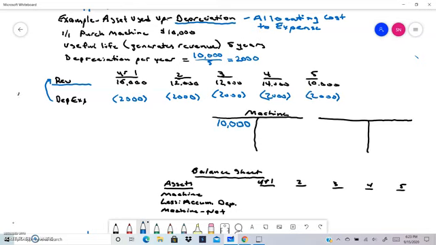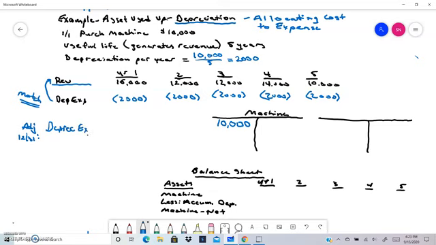So again, this is the matching principle right here. We're matching the expense with the revenue that machine generated, and we're reflecting it on the income statement as an expense. So the way we're going to do that is, unlike supplies, our adjusting entry, let's say at 12/31, we're going to debit depreciation expense.